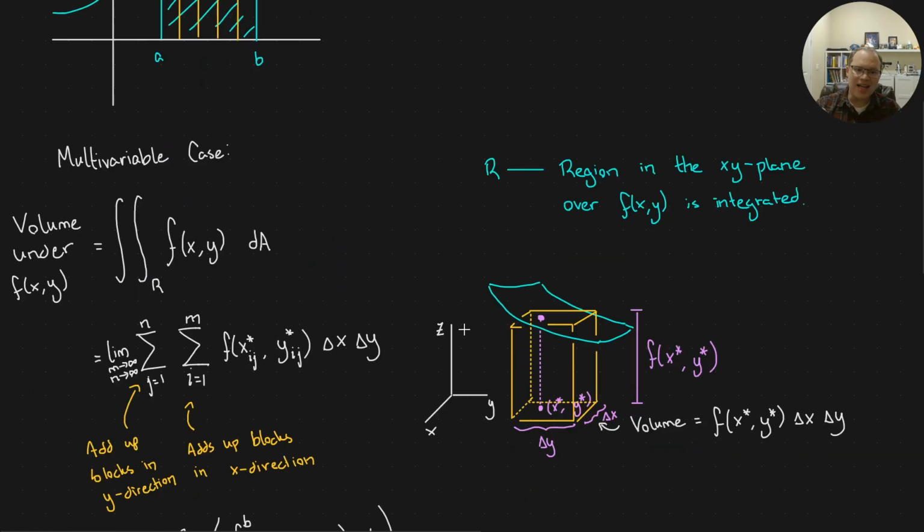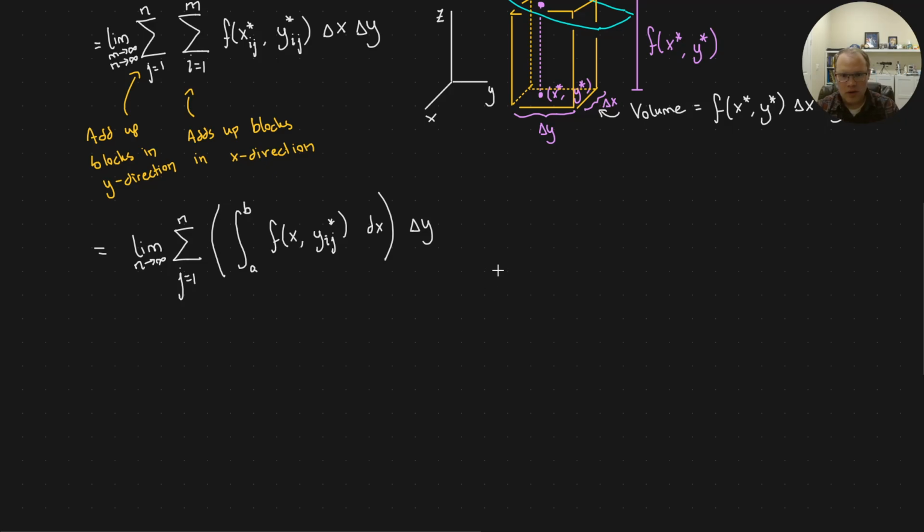So I'm going to get another single variable integral, but now for y. That outer sum becomes the integral from whatever the bounds are, c to d, of the integral from a to b of f of x comma y, dx, dy.